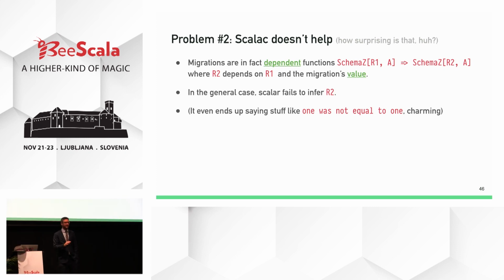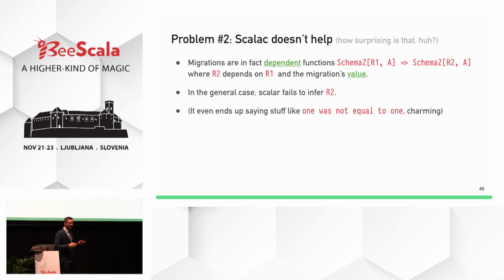And Scalac doesn't completely do dependent typing. And so in the general case, we weren't able to make Scalac infer this type for us. And because this type is very big, it's really the value of your schema, but at the type level, it's not an option to make the user type it. We absolutely need it to be inferred.